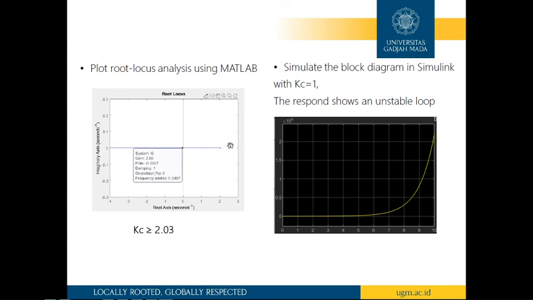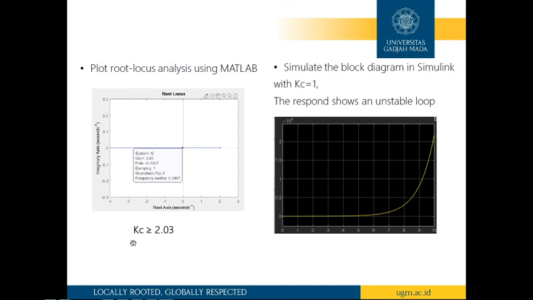And we can see that Kc equal to 1 is on the right side of the imaginary axis, and we should just pick the coordinates that intersect the imaginary axis, which is at 2.03.